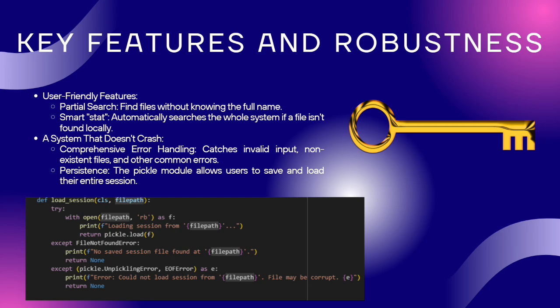It has comprehensive error handling that catches invalid input or non-existent files and provides a very clear, helpful message instead of failing. And the persistence feature with Pickle allows users to save and load their work reliably across different sessions.